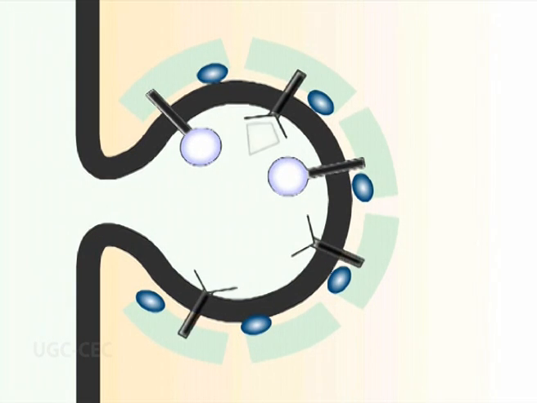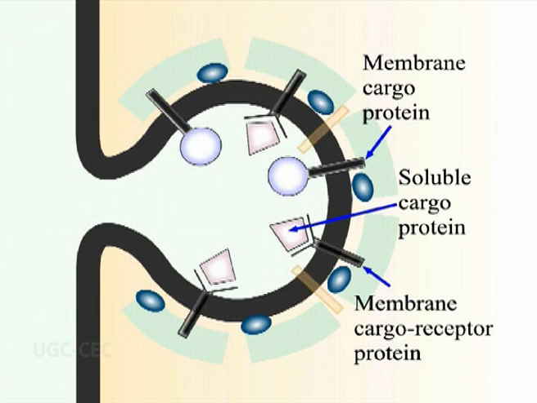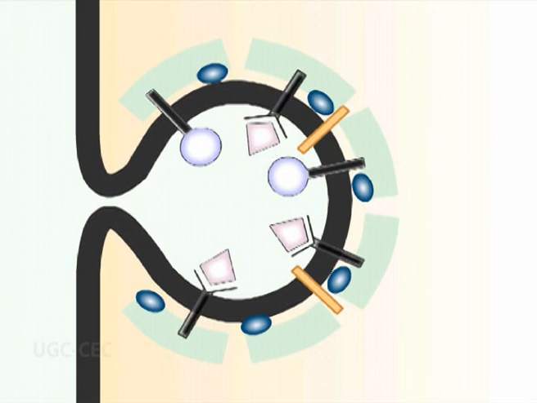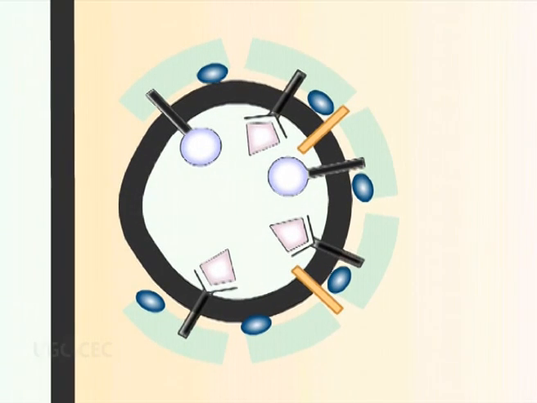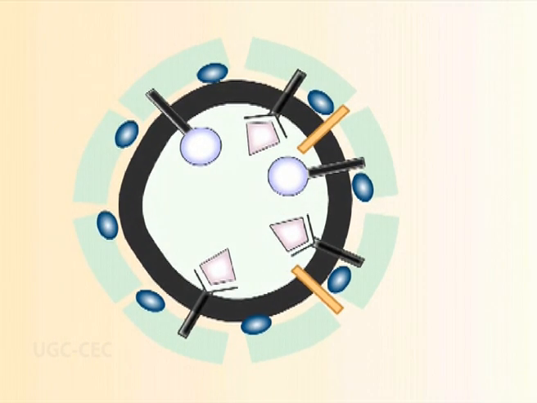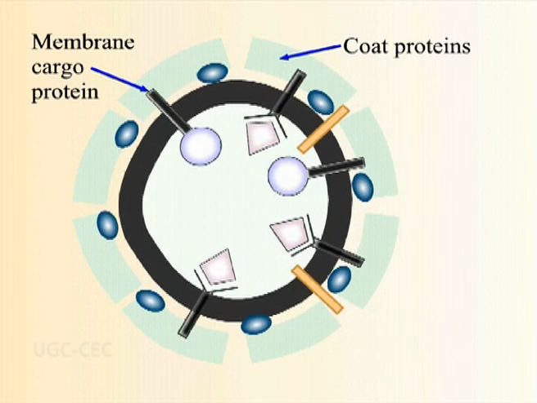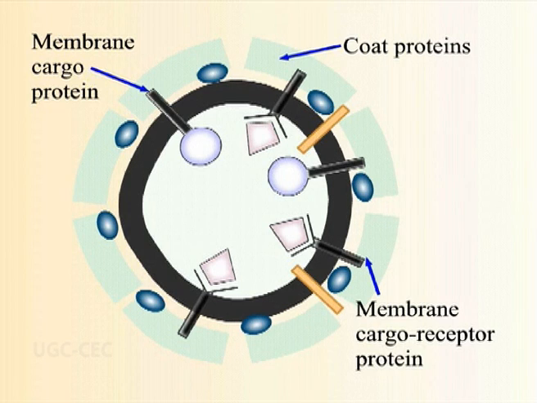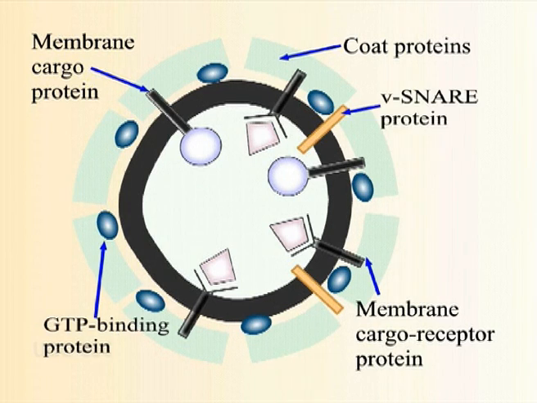These newly formed vesicle buds gather the appropriate proteins which require transportation, also known as cargo proteins. Now the vesicle buds off from the parent organelle which contains cargo proteins, soluble coat protein, integral membrane proteins like membrane cargo proteins and membrane cargo receptor protein, the GTP binding protein and V-SNAREs.